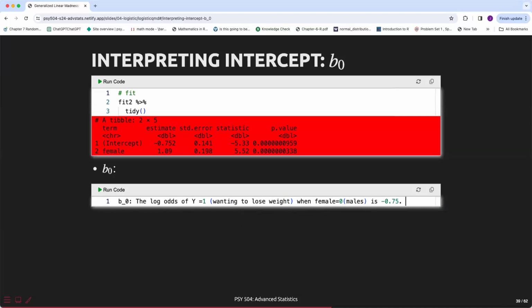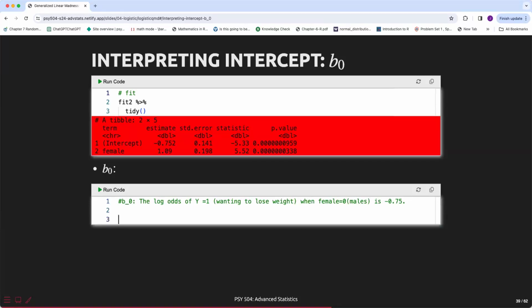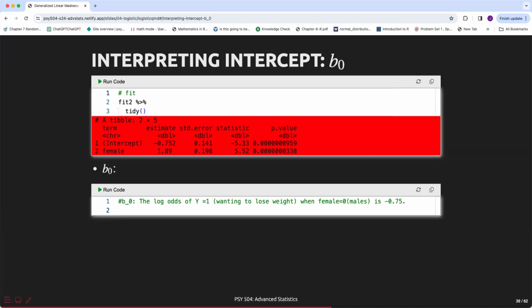We could transform this into a probability, right? So how would we transform this into a probability to make it a little bit more interpretable? What function would we use? Yep, plogis, close enough.